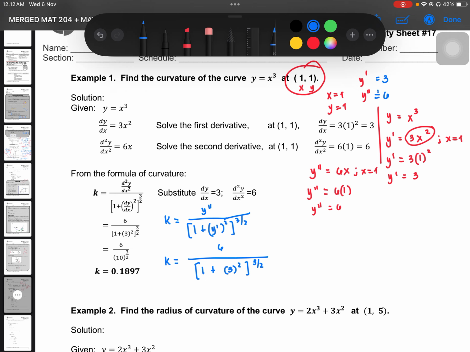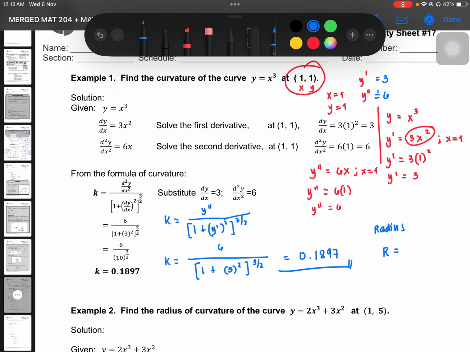Okay, so you can use now your calculators in here and you will be getting 0.1897. Okay, so yan yun. Now, this is now the final answer. What if ang tinatanong na din is the radius? Okay, so dito, ang gagawin nyo lang is to use your calculators again.